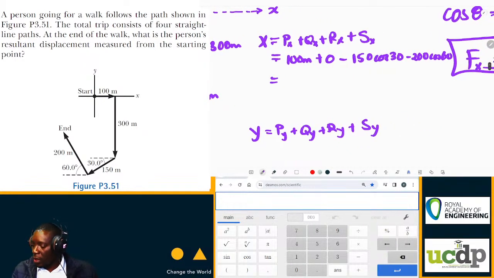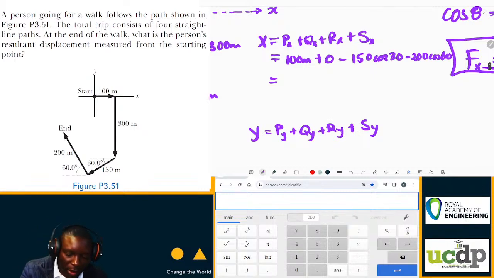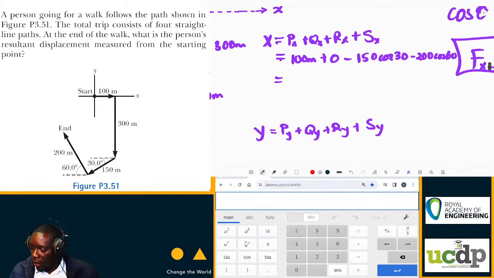So now we can add this. So what we have is 100.